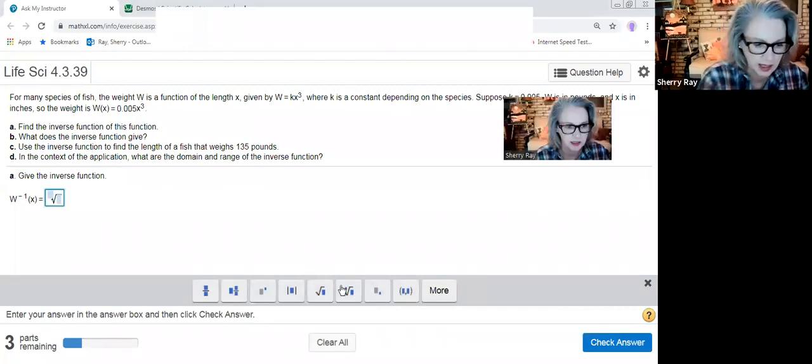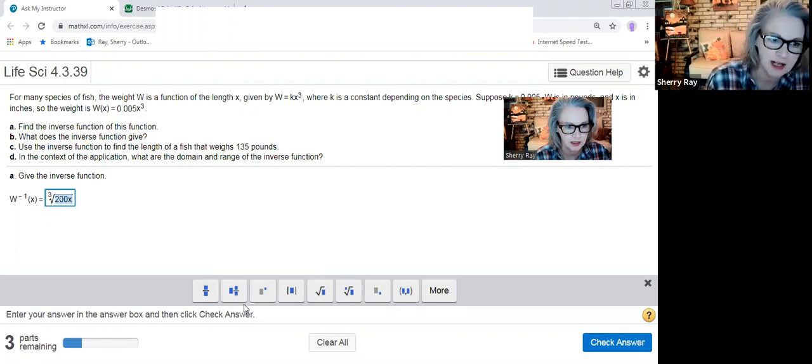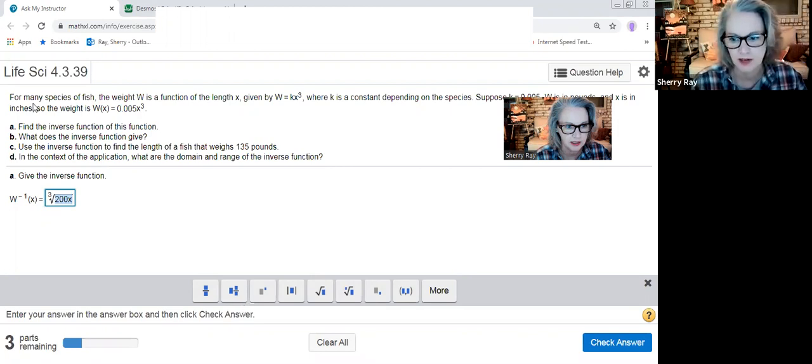I have 3 on the outside, 200. And you know what's crazy is they don't even need this radical simplified. They'll accept it like this, but my math lab doesn't want to see a decimal inside a fraction, but it's okay if you don't simplify your radicals. I'm going to check my answer.